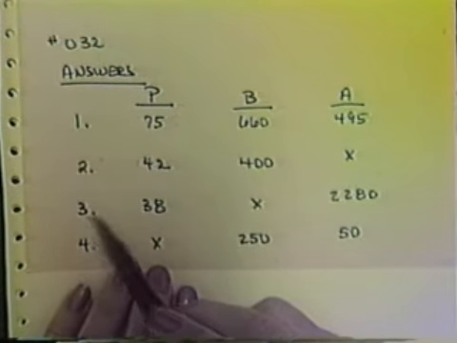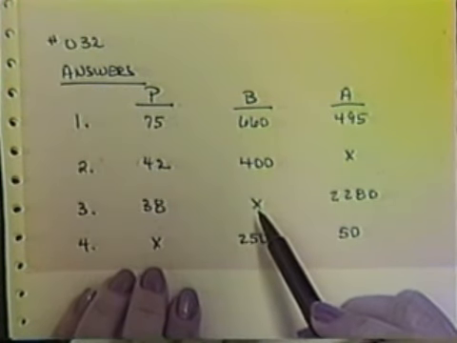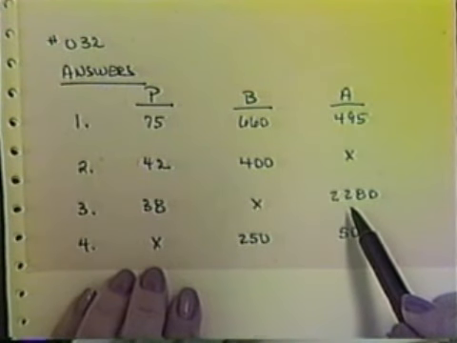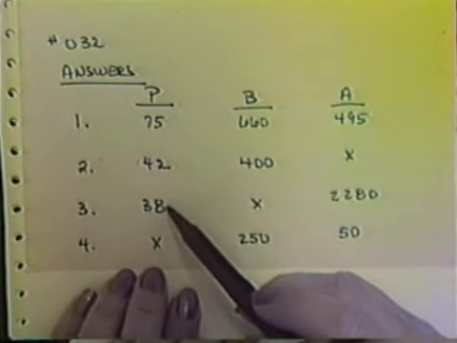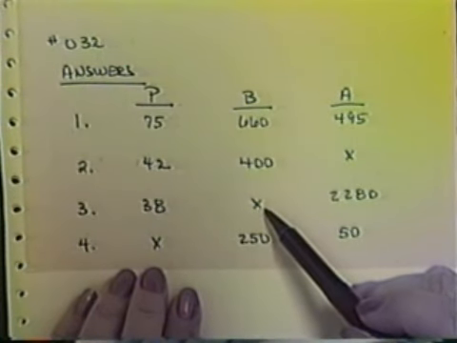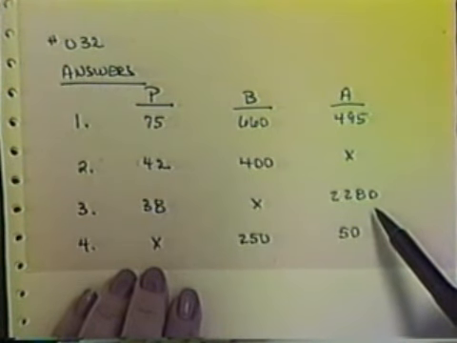Number 3: the percent was 38, the base was the unknown X, and the amount was 2,280.